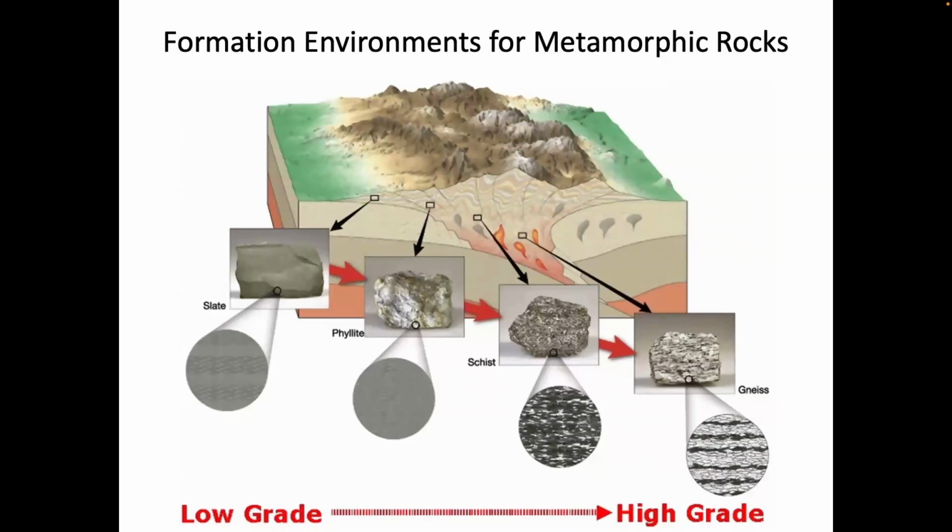Slate. However, if we continue just a few miles into the mountains, we encounter phyllite. If we go still deeper into the mountains, we get schist. And if we go about 50 miles into those mountains, we hit gneiss. Okay, that is a very simplistic overview of it.